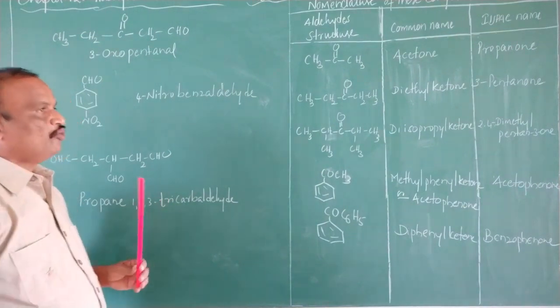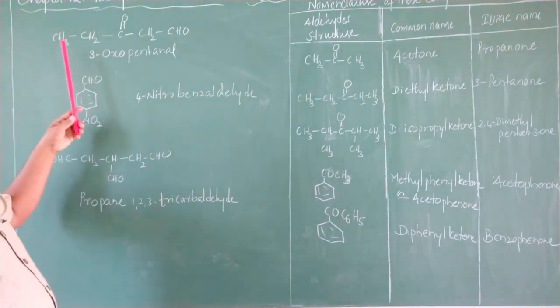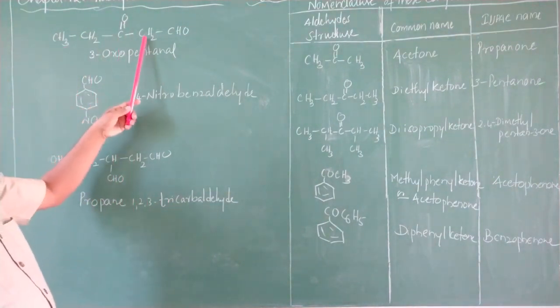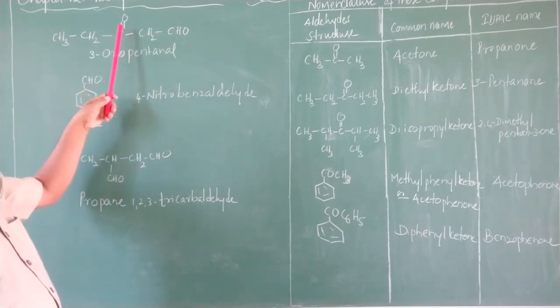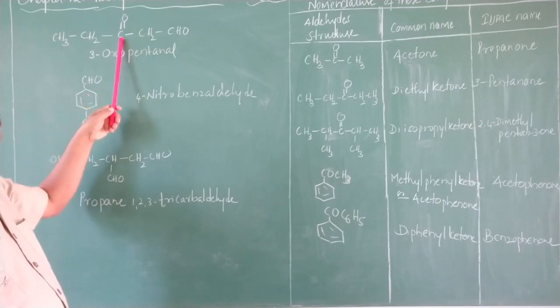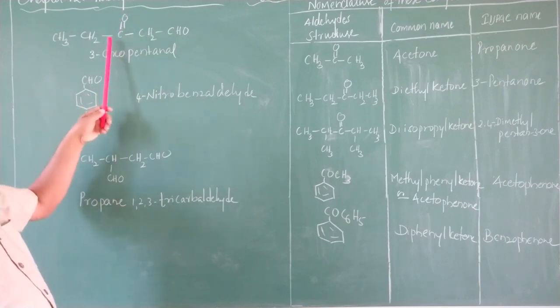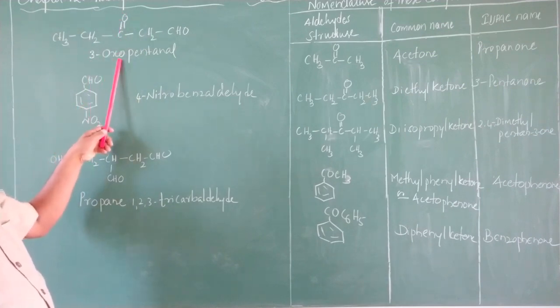Let us name some more aldehydes like this: CH3, CH2, C double bond O, CH2, CHO. This ketonic group, oxygen attached to the third carbon here, so 3-oxo we call it.